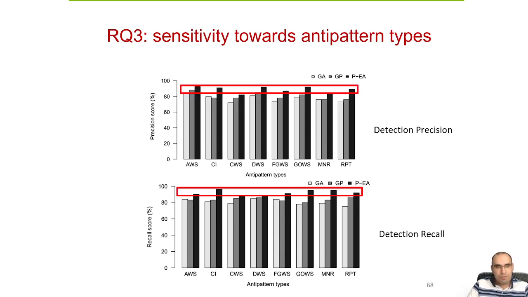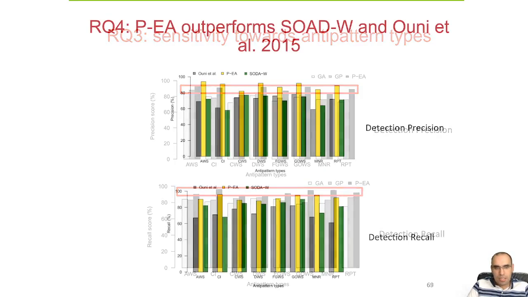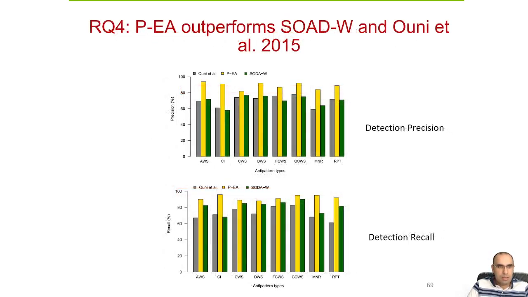We observe here from the figure that we have low variability in terms of both precision and recall across the different types of anti-patterns, which is actually an interesting finding, so that search-based techniques can work efficiently under different symptoms and different quality metrics.